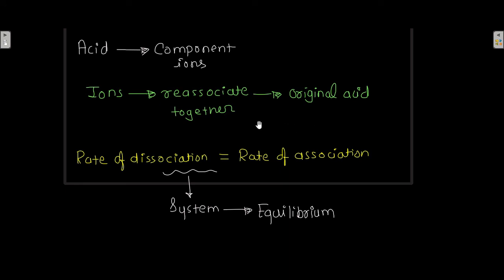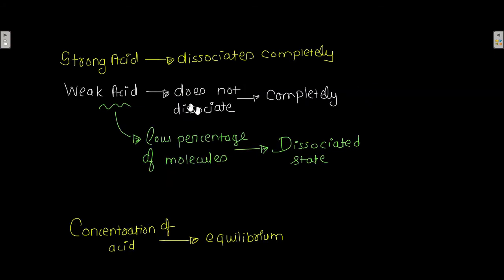And if the rate of dissociation is equal to the rate of association, then we say that the system has achieved equilibrium. We call an acid a strong acid if it dissociates completely, and on the other hand a weak acid does not dissociate completely. It means in the case of a weak acid, there is a low percentage of molecules in the dissociated state.